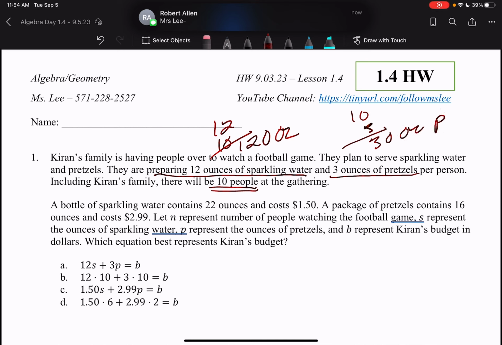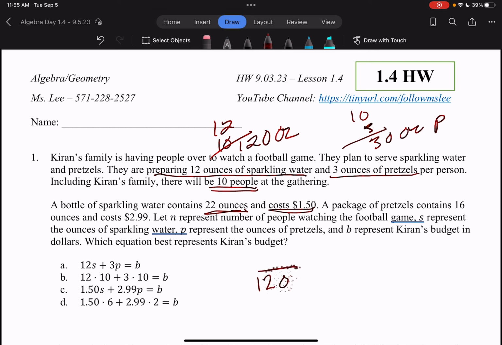So it says a bottle of sparkling water contains 22 ounces and costs $1.50. All right, so we know that we need 120 ounces, and each bottle contains 22 ounces. So to figure out how many bottles we need, we're going to do 120 divided by 22. Now, you can go ahead and long division that, or if you have a calculator at home, you're welcome to use it.